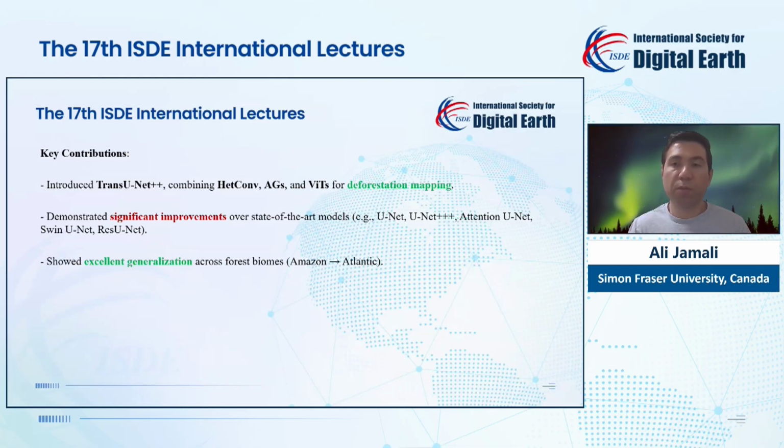So the TransUNet++ is based on HeadCons, attention gates, and ViTs for deforestation mapping. It showed excellent capability compared to base models like U-Net, U-Net 3+, attention U-Net, SUNet, ResUNet, and the rest. And it shows excellent generalization capability.